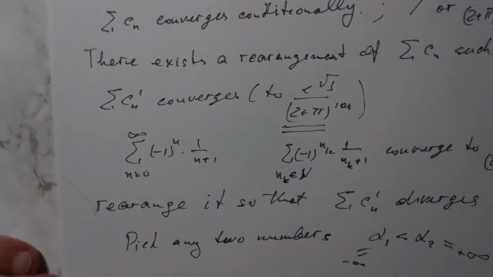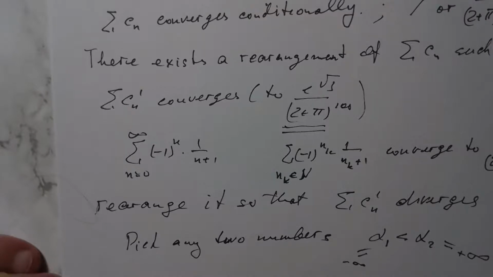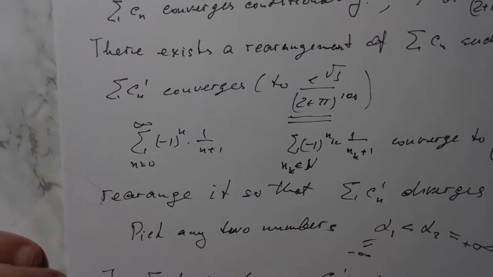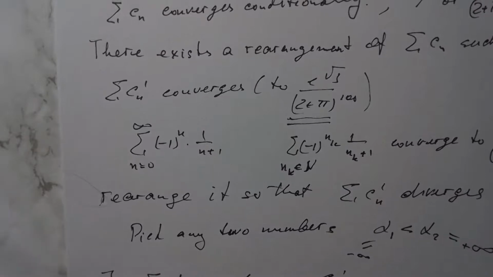Well, in that case, there exists a rearrangement of this series, C_n prime, such that the lim sup of the partial sums S_n prime is equal to alpha 2, including possibly infinity, and the lim inf of S_n prime is equal to alpha 1, including minus infinity.